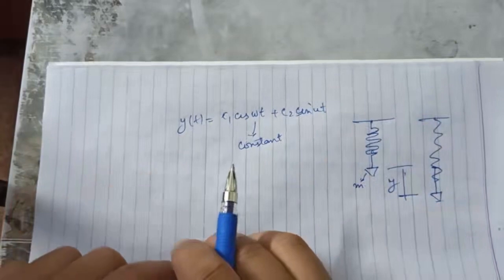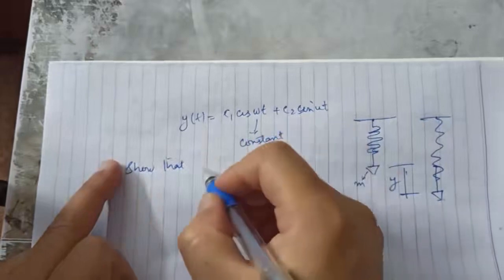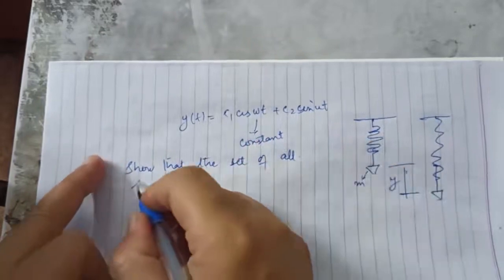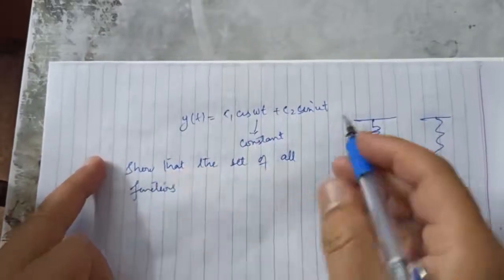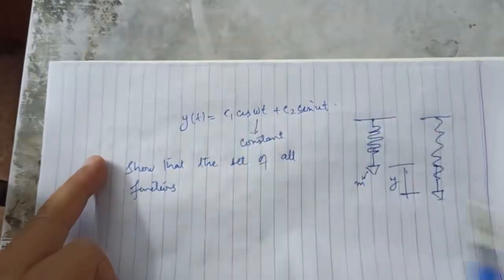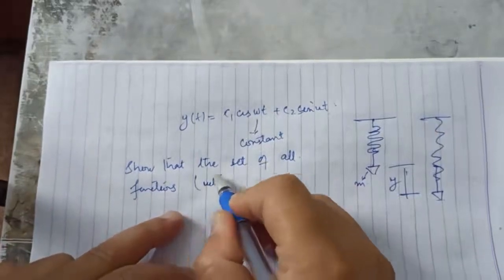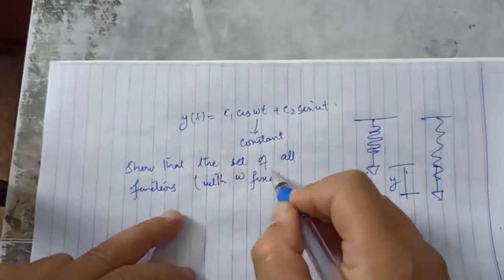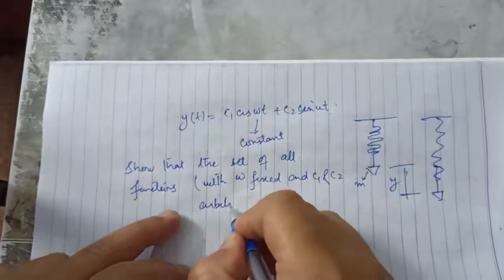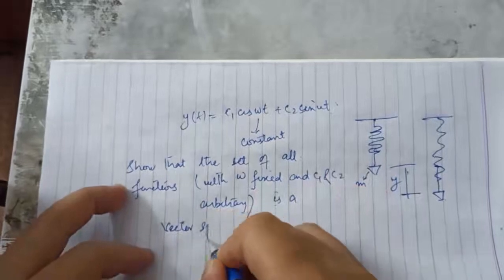Now we have to show that the set of all functions defined by this equation, with omega fixed and c1 and c2 arbitrary, is a vector space, right?